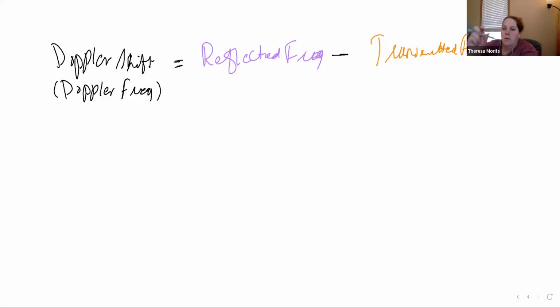So what we mainly can say is that, no matter what, the difference of these two frequencies here is what we'll call the Doppler frequency or the Doppler shift. Did you guys get that?